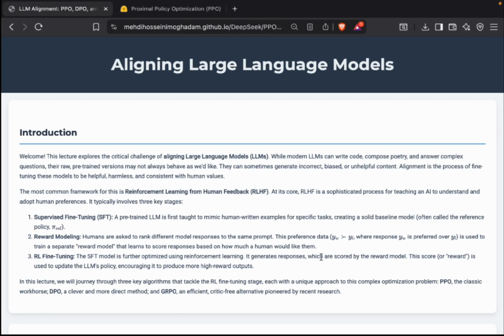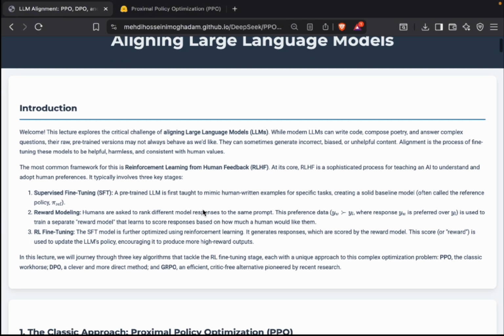So the first thing that I want to start with is aligning large language models. So what that aligning means. So the thing is, when we first make a large language model, we do a kind of training or pre-training, whatever it's called. And when we do that, it's not necessarily 100% accurate.